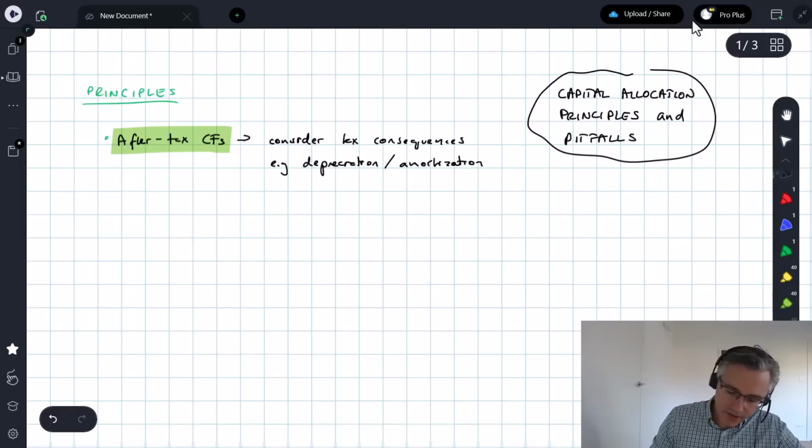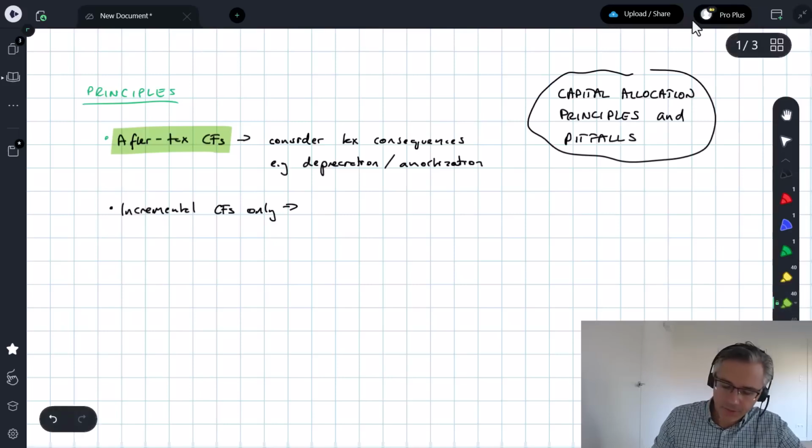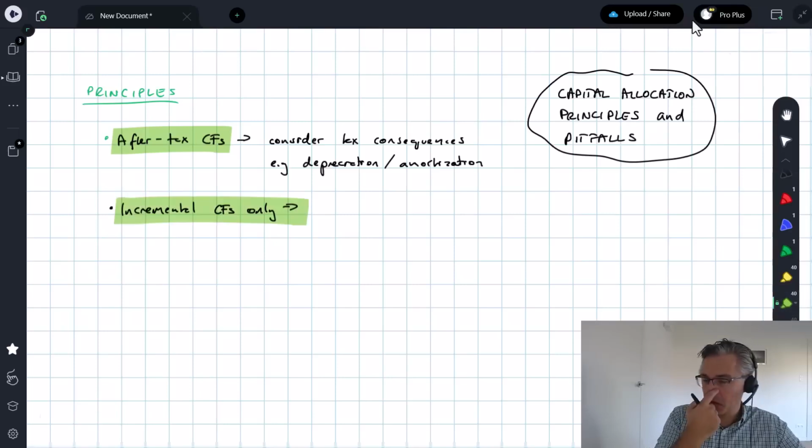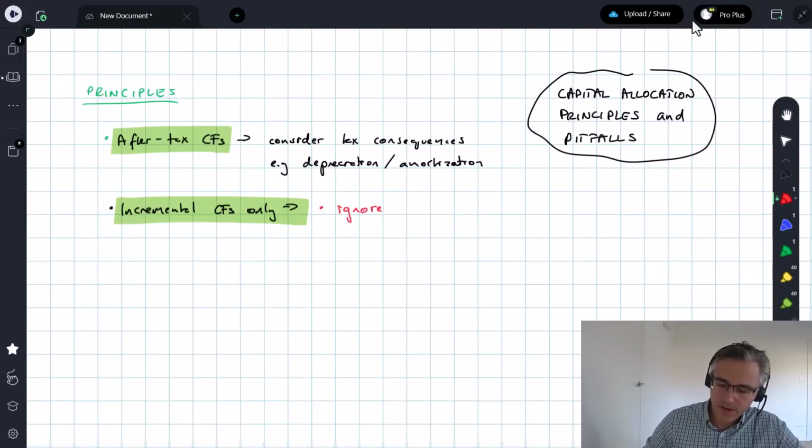The next one is also very important, the fact that we should only consider what are known as incremental cash flows. And incremental cash flows are the cash flows specifically associated with taking that decision, that project, on. We should ignore definitely sunk costs.